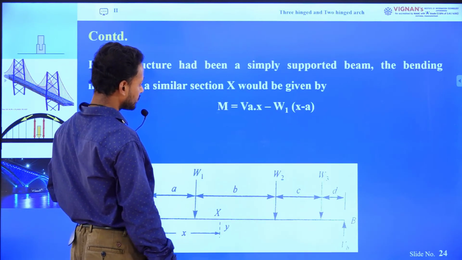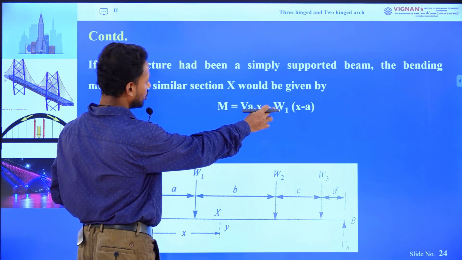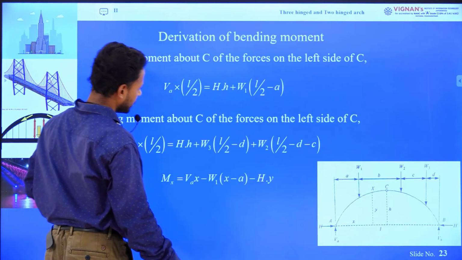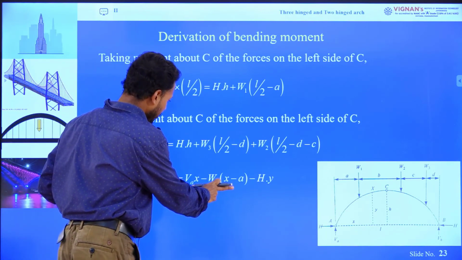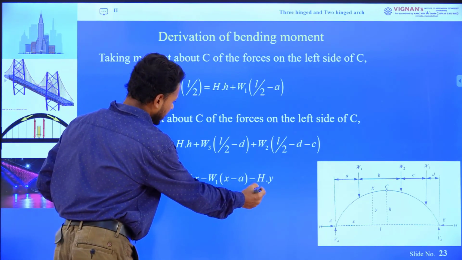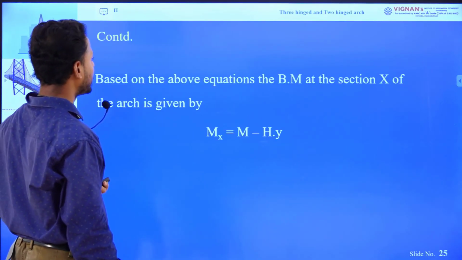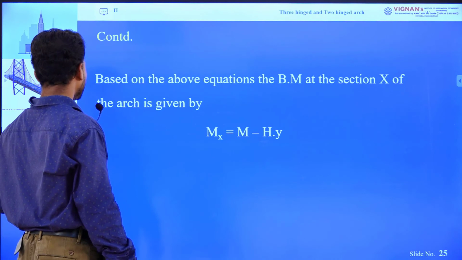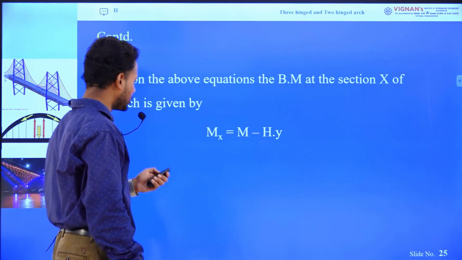Here we have M equals VA X minus W1 into X minus A. So we can say that this is M, this is M, and this is Hy. Based on the above equation, the bending moment at any cross section X of the arch is given by Mx equals M minus Hy.